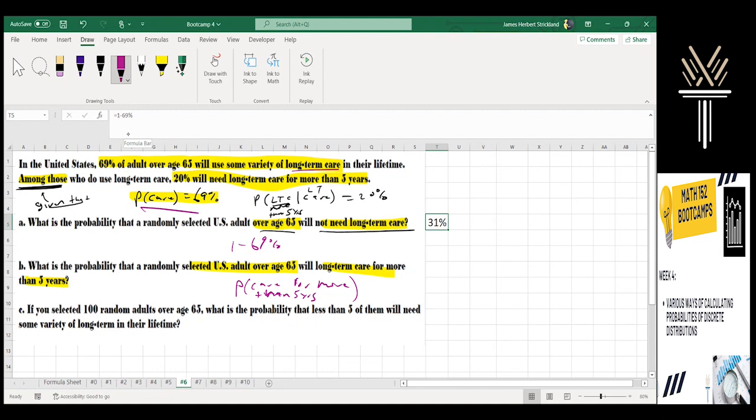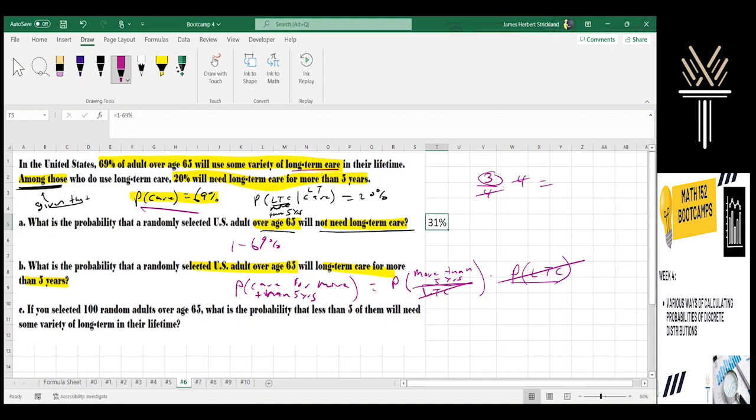So one thing to notice is that we have the probability of more than 5 years, which is what we're looking for, out of any kind of long-term care, and we have the probability of long-term care. Notice if we multiply these together, if you divide and multiply by the same amount, they cancel out. In other words, if I had like 3/4 times 4, the 4s would cancel out, leaving just this amount on top.